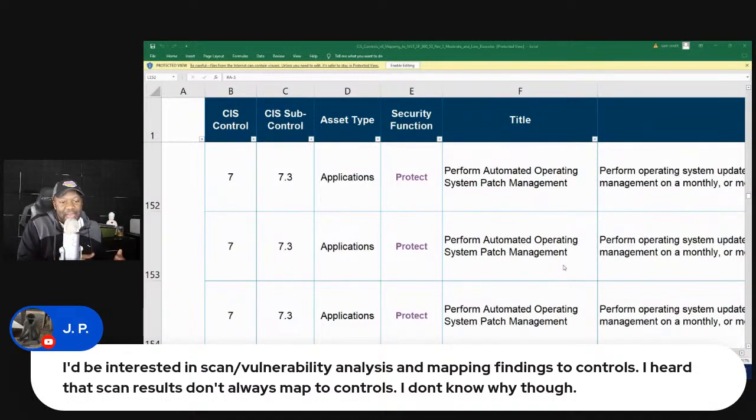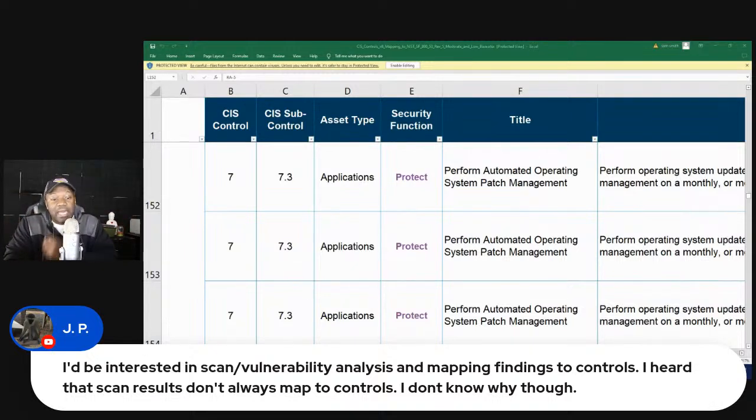You're not always going to have a Windows system, you're not always going to have a Mac system, so you have to write it in such a way that it's all encompassing for the organization to adjust, so that they can meet the control and put the security best practices in place no matter what vendor they're using. So I hope that makes sense. I hope I'm not speaking gibberish here.